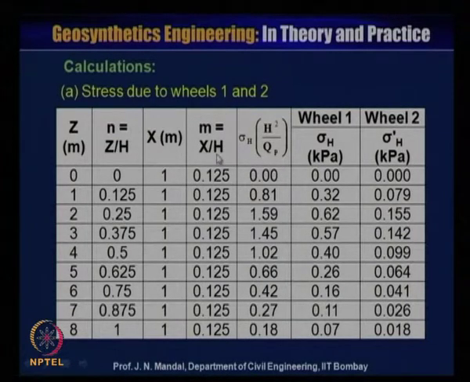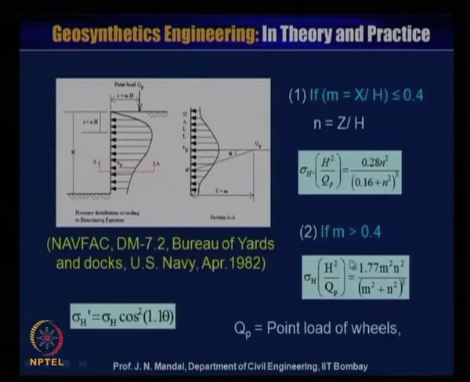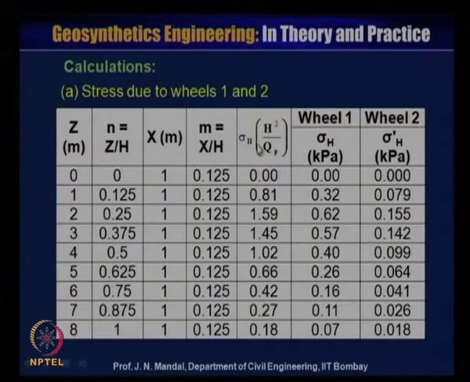Now we know that this m value is less than 0.4, so you adopt this equation. That means sigma h by h square qp is equal to this. The n value is known, so you can calculate this. For 2, you have calculated 1.59. Now for wheel 1, sigma h will be equal to 0.62, because h is 8 and qp is 25.